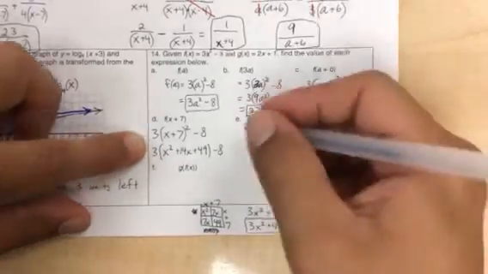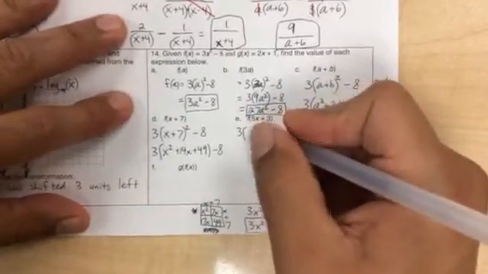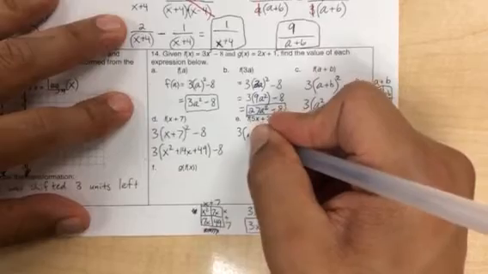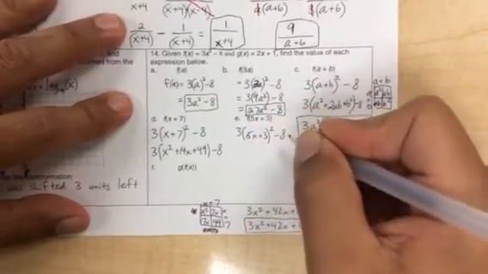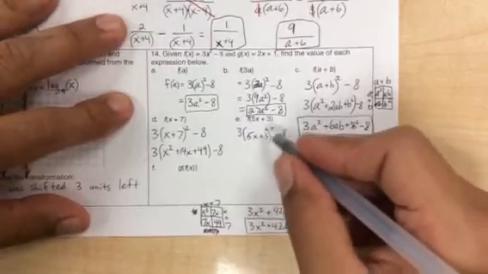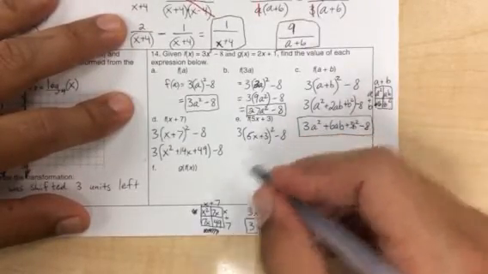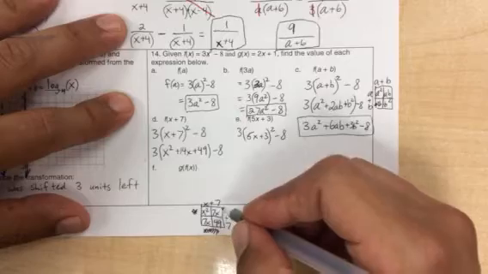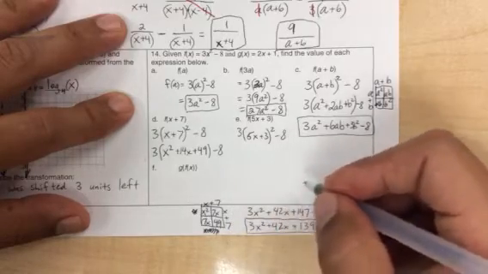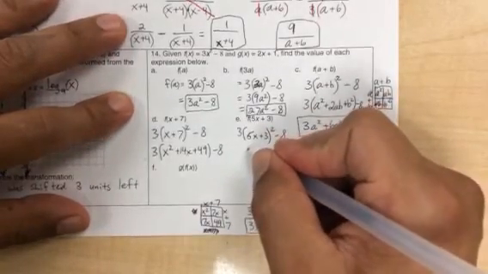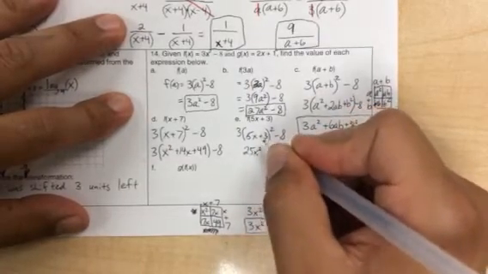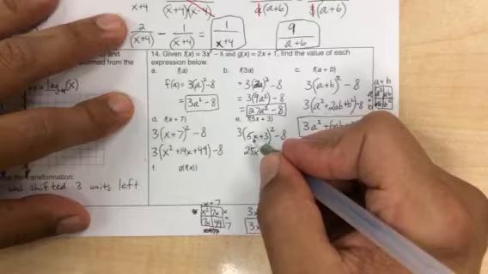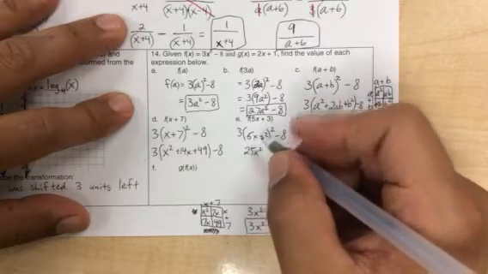And letter E, we're going to have 3 times 5x plus 3 squared minus 8. So again, if you want help multiplying this out, just draw an area model. So it would be 5x plus 3 times 5x plus 3. So it's going to become 25x squared, and then 3 times 5x is 15x.